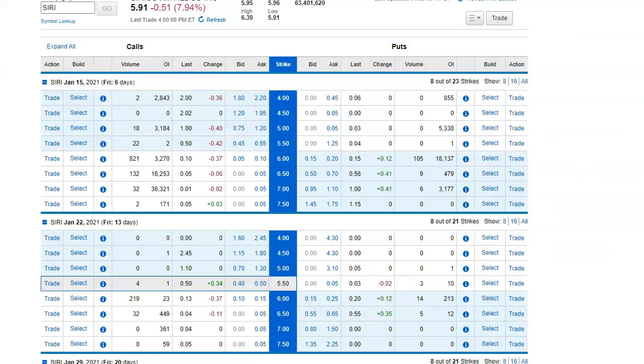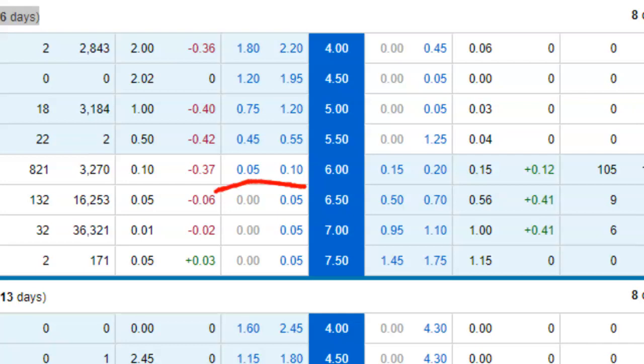So I pulled up Siri's options chain because we always sell one week out. If we look at the options right now, our cost basis was $6.35, so we would have to sell the $6.50 call, and we can see right here there are no calls for $6.50.